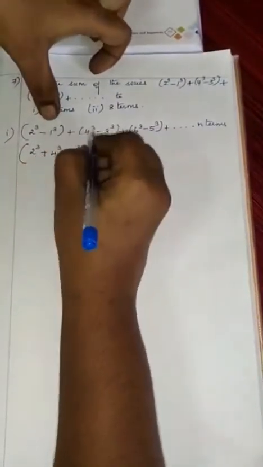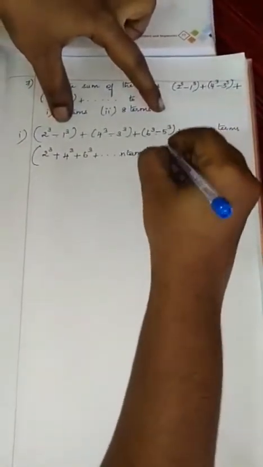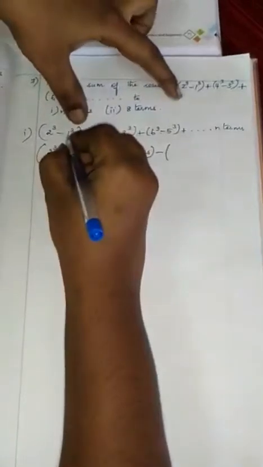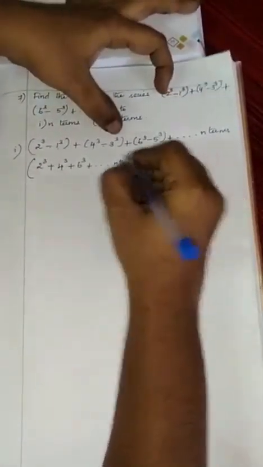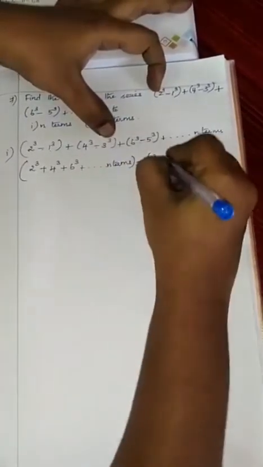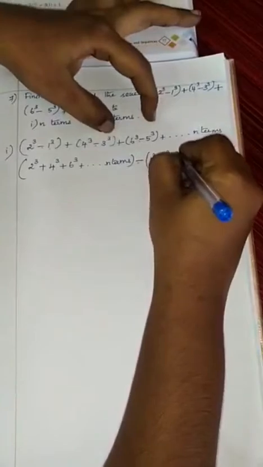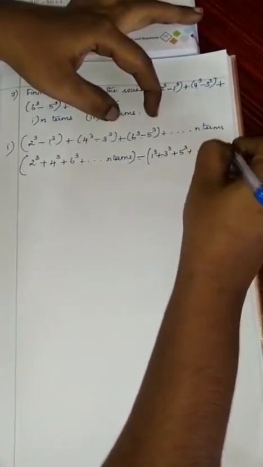Now next what you have in the middle, you have minus for all the terms. So take that minus commonly outside. So next second term is what? Here it is 1 cube, plus as I took minus commonly, inside you can put minus plus. Okay, so 3 cube, next plus 5 cube, goes on still n terms.